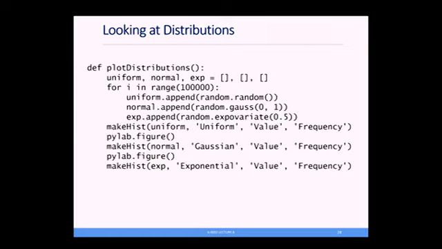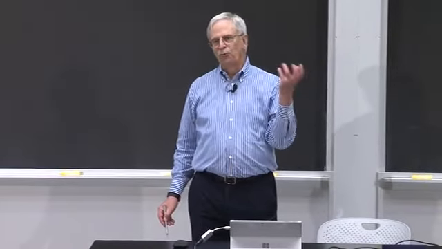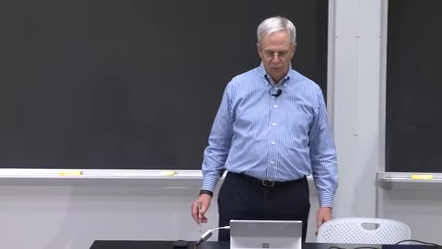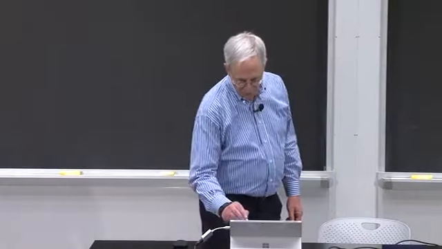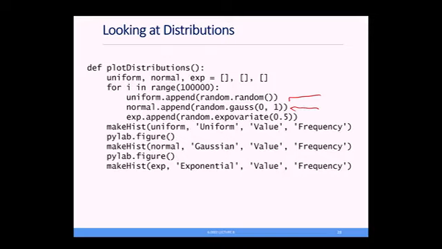So we know we can generate a uniform distribution by calling random.random, which gives me a uniform distribution of real numbers between 0 and 1. We know that we can generate a normal distribution by calling random.gauss. In this case, I'm looking at it with a mean of 0 and a standard deviation of 1.